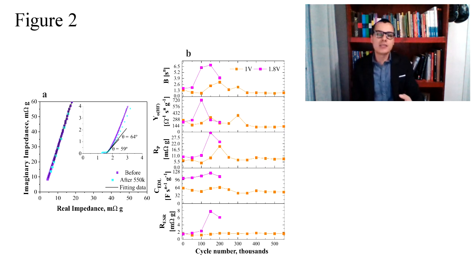For a better understanding of the frequency responses, the data were normalized per gram and treated by the method defined by Randles. Furthermore, this figure exhibits the data before and after long-term tests, or after charging and discharging many times. The inset of figure 2a shows details of the high frequency region, as you can see.